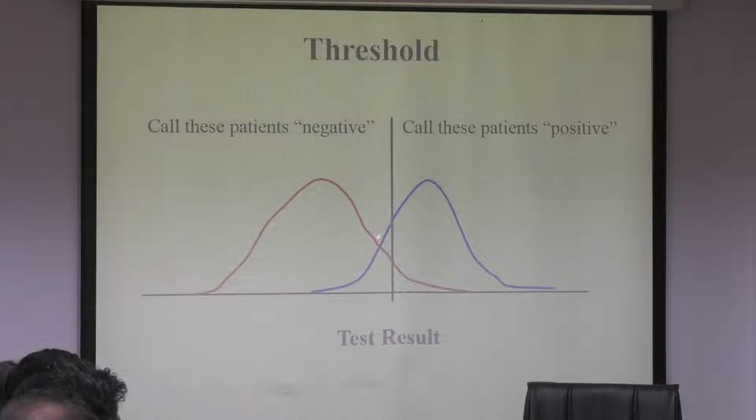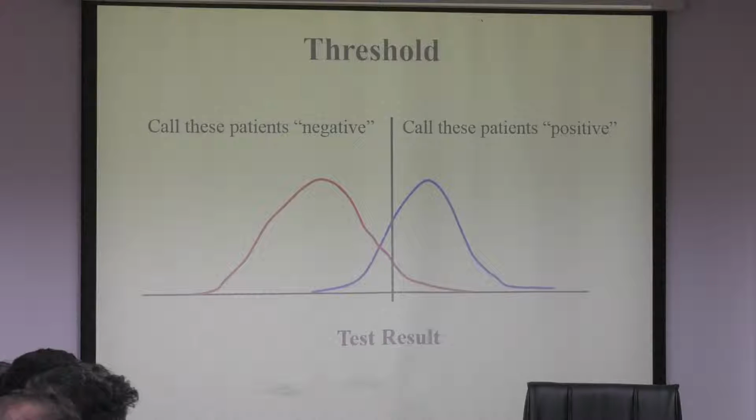Now assume that this moves this way and this moves that way with a little bit of an overlap. What happens? The false positives and the false negatives would go down, so it will have less of an impact. And assume that this moves to this side and this moves to that side, so that the overlap is bigger. We have a bigger problem, right?